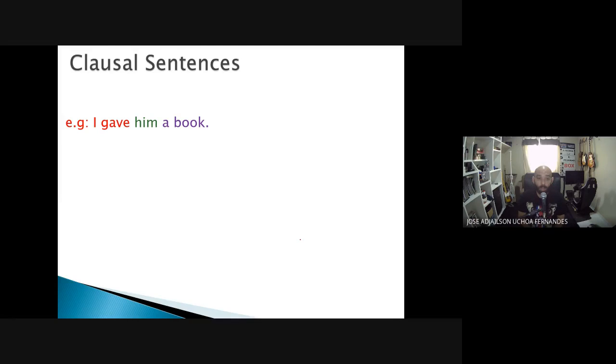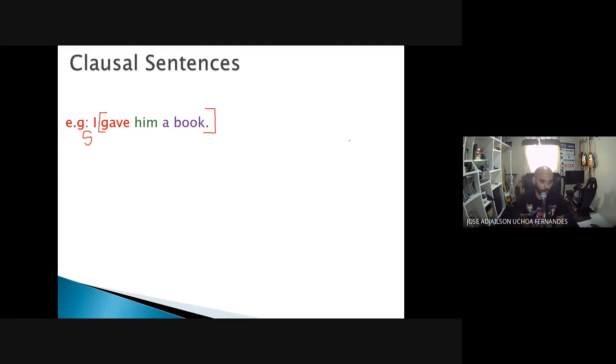Now, "I gave him a book". Where's the subject? You will always look for the verb and split it. I gave him a book. The subject is I. Let's analyze the other parts of this sentence. Gave him a book.